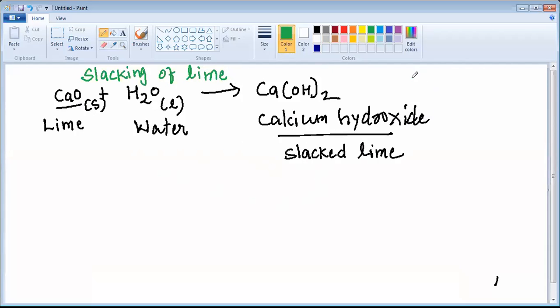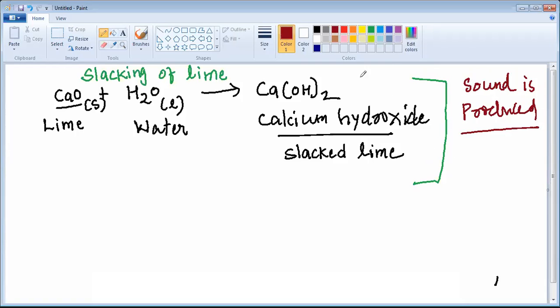When this reaction is taking place, there is some sound produced. Apart from that, my dear students, a huge amount of heat is also produced. So heat is produced.